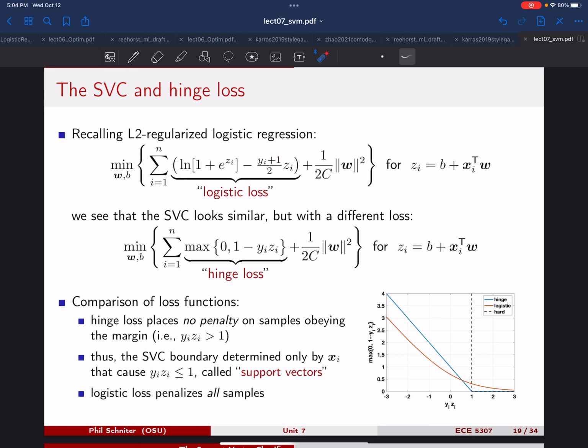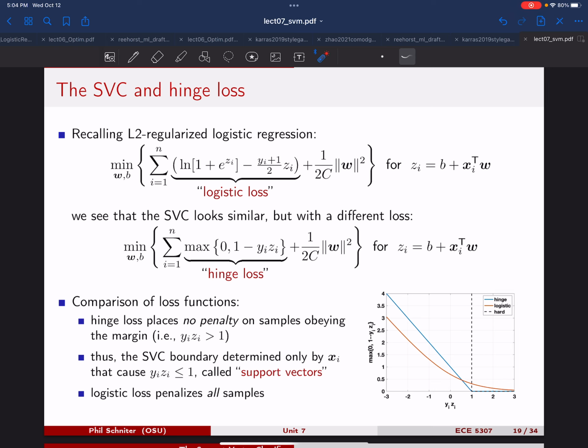And this is sort of related to that experiment we saw with MNIST, where we noticed that with a few samples, logistic regression seemed to be giving us weights that made sense. But then as we use more and more samples, the weights started to get kind of weird. And maybe it's because it's placing emphasis on a lot of training points that are really easy to classify. Maybe you should just focus on the few hard ones.